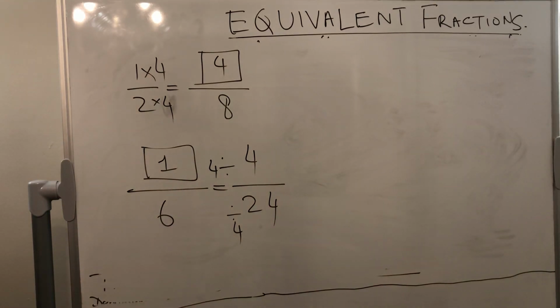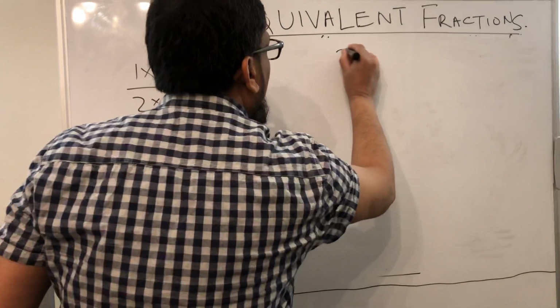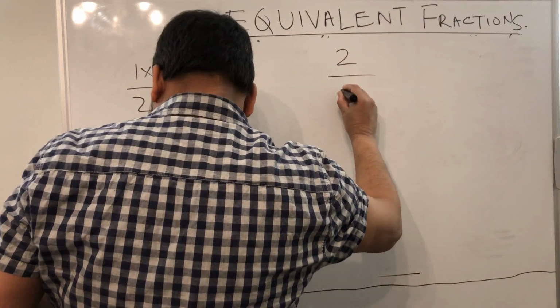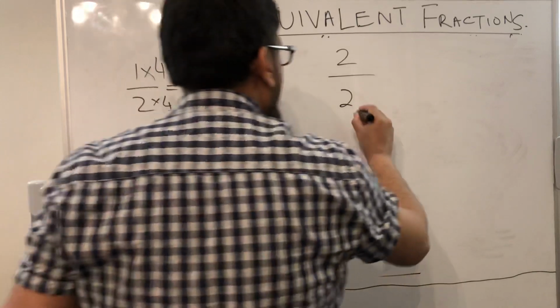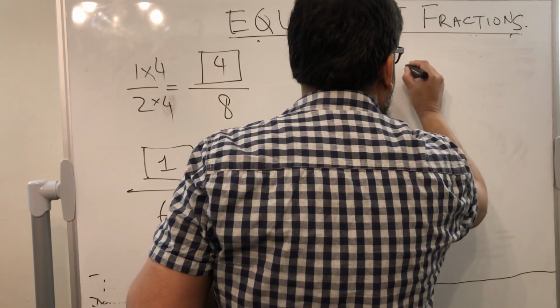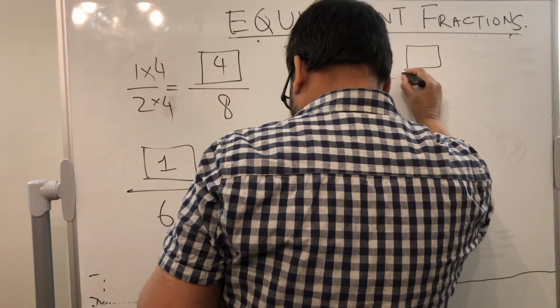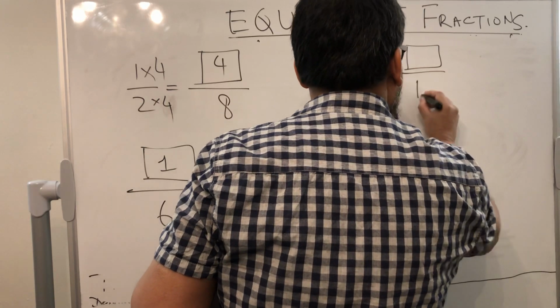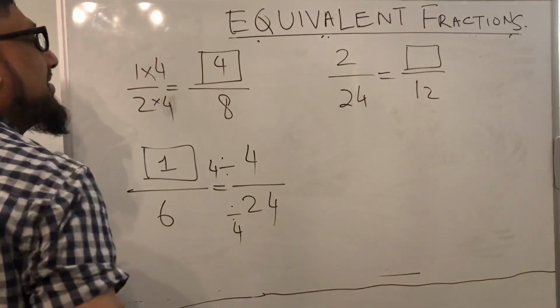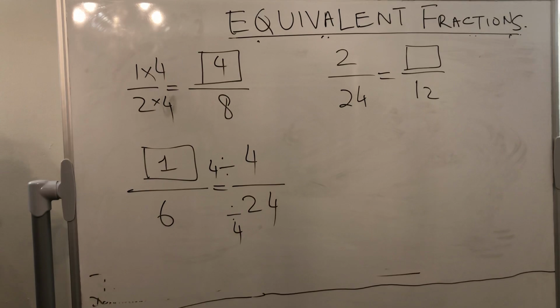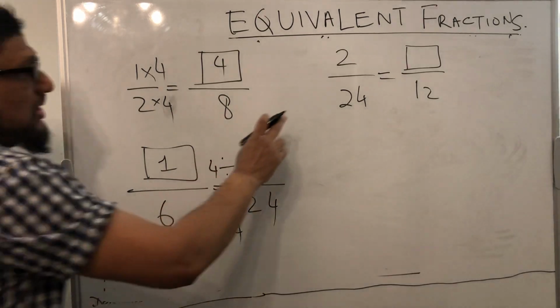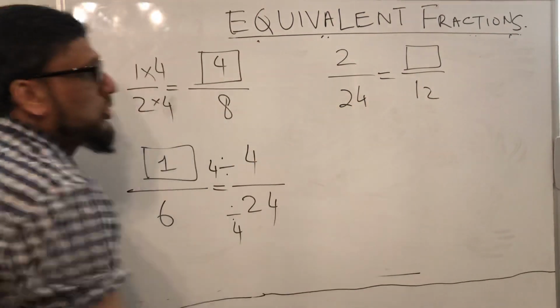Take another example here: 2 over 24. In this example, we can see it goes from 24 to 12.